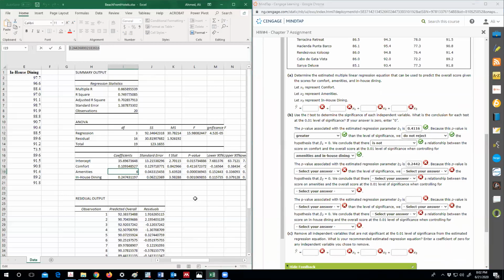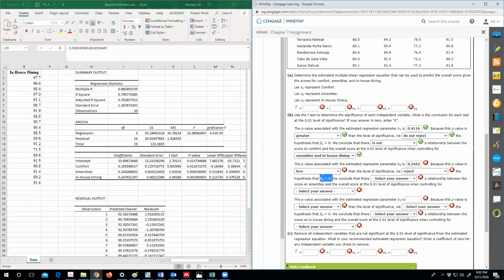This p-value is 0.0000. So it's really small, less than the significance level. So we should reject the null that beta 2 is 0. Beta 2 equal to 0 means that this variable has no effect on the dependent variable.